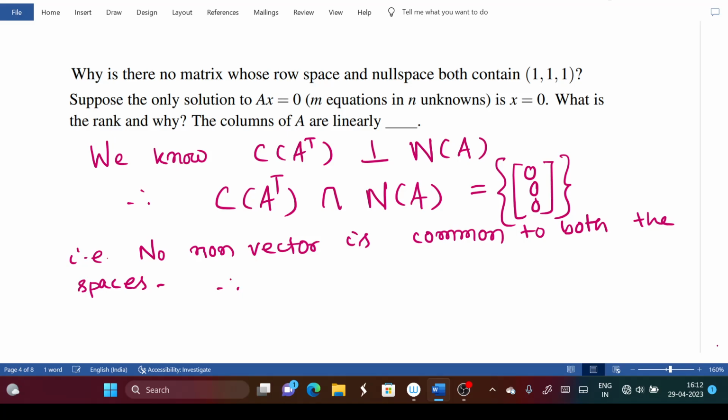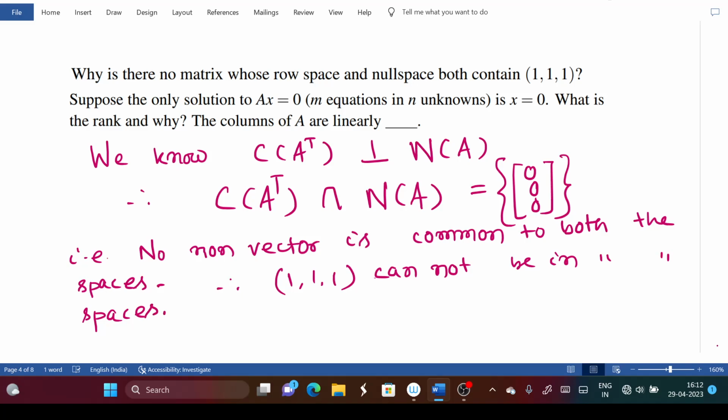Therefore, (1, 1, 1) cannot be in both the spaces because it is a non-zero vector.